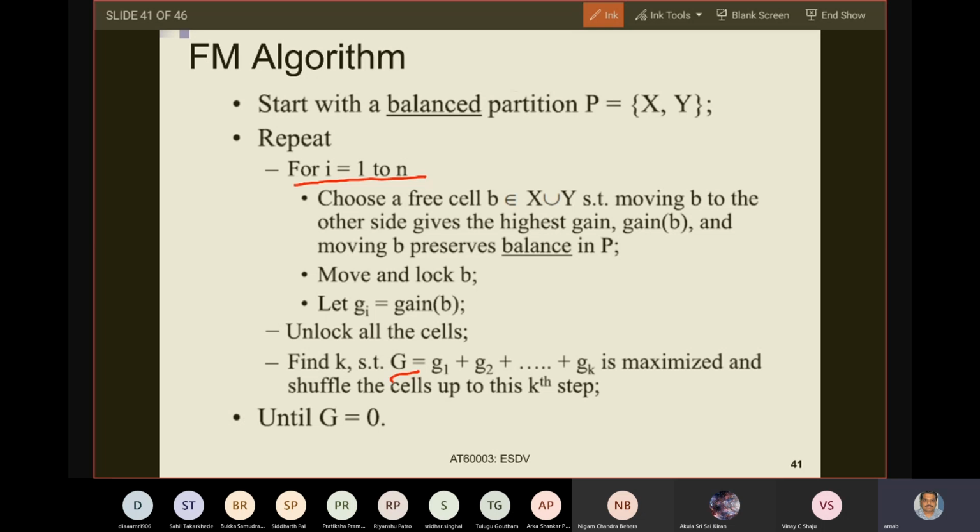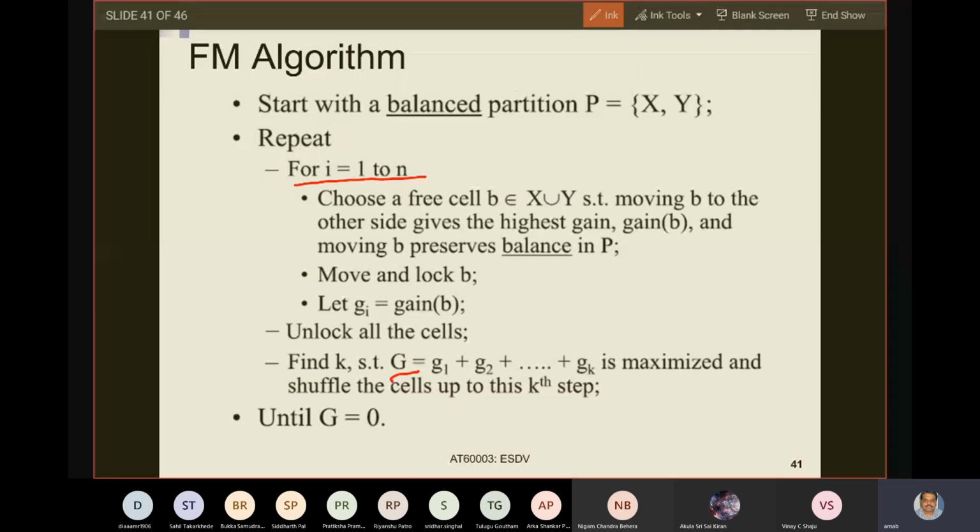And we said that when we move a task from one side to the other, we need to update the gains of the neighboring tasks, because the gains of the neighboring tasks will also change when I change the gain of a given task. And because a task can be connected to n minus 1 other tasks, the updation of these gain values will cost another big O of n time.